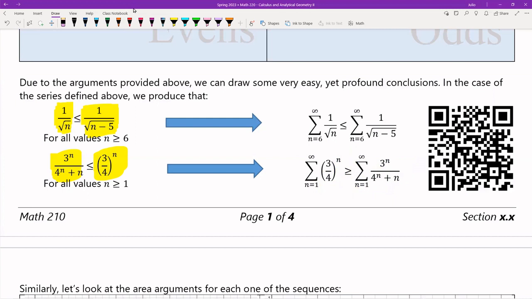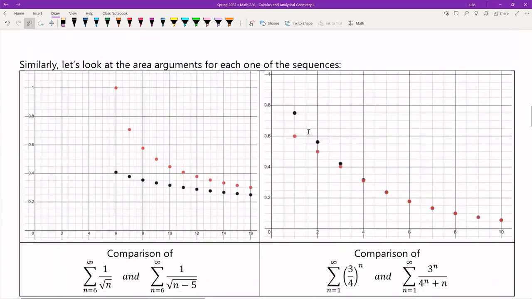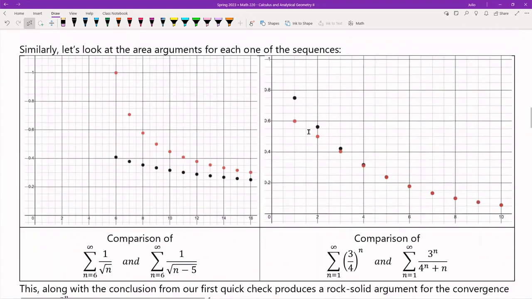Then we can make an argument for the infinite series that's tied along with them. So the next thing I'm showing you is based off the sequence and series calculator that I prepared for you in Desmos. Here's the comparison visually.